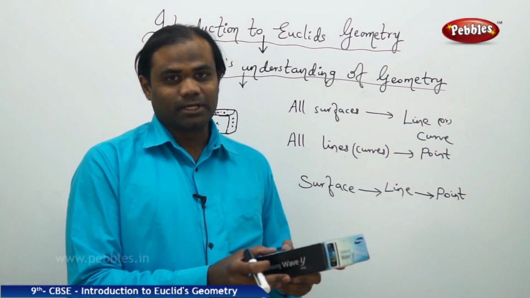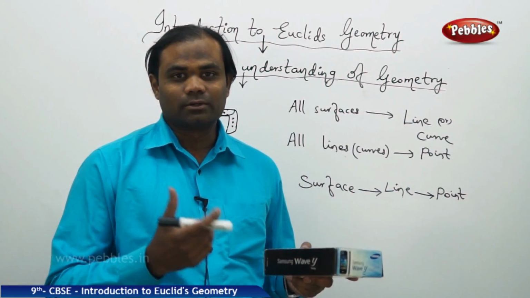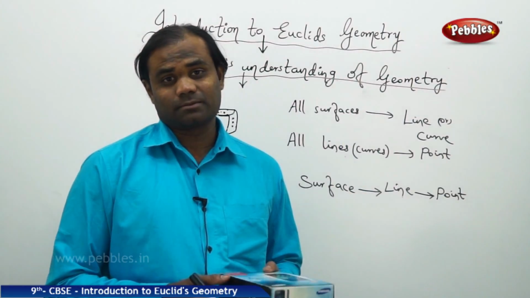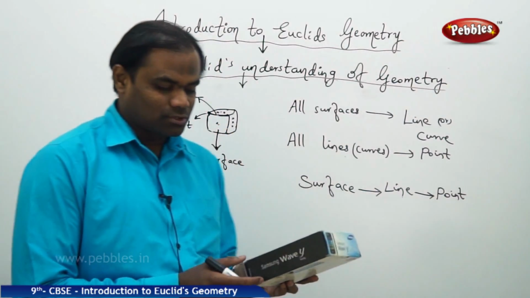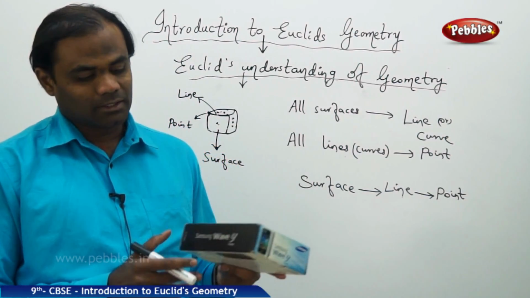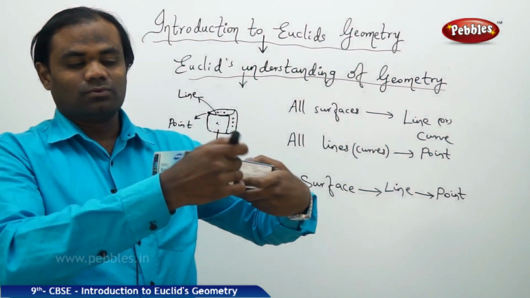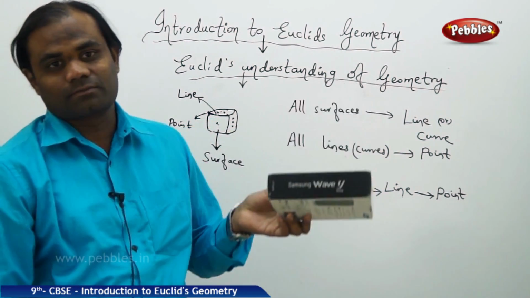So let's take an object and understand the concept more strongly, on how Euclid could understand geometry during his times. As we have seen a dice, I assume this to be a 3-dimensional dice in which I have 6 faces: face 1, face 2, face 3, face 4, face 5, and face 6.